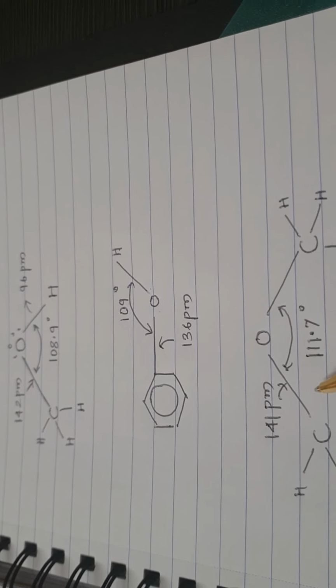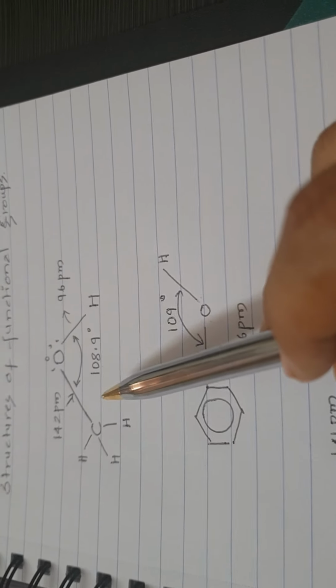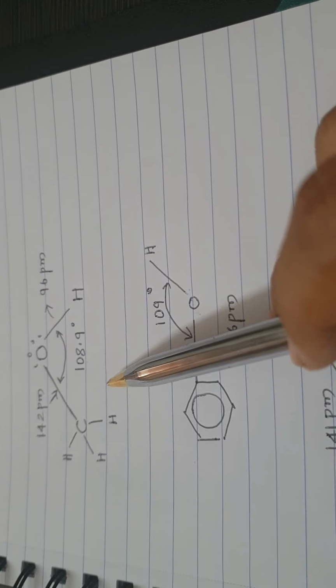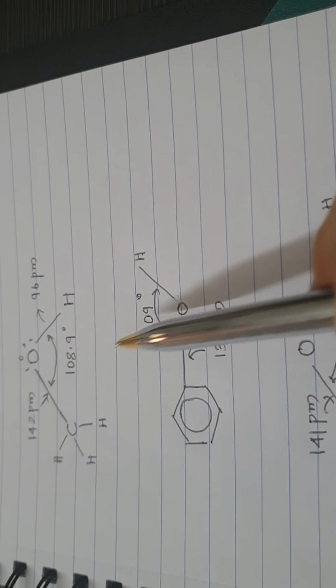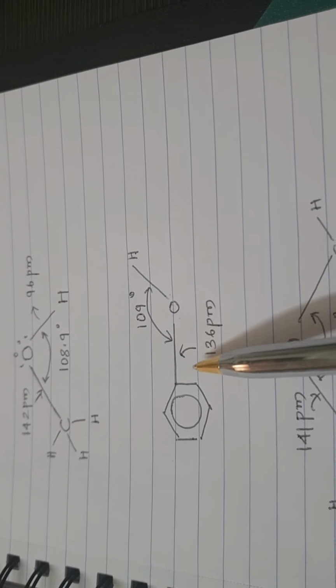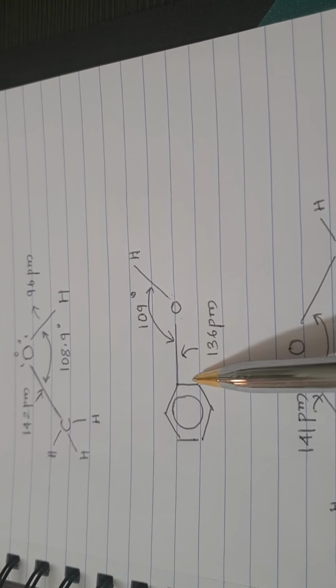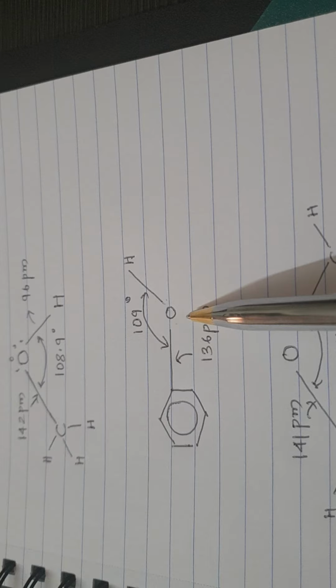Now if you can see, in case of ethers and in case of aliphatic alcohol, the bond length is almost similar, but in the case of phenols, the bond length is less.